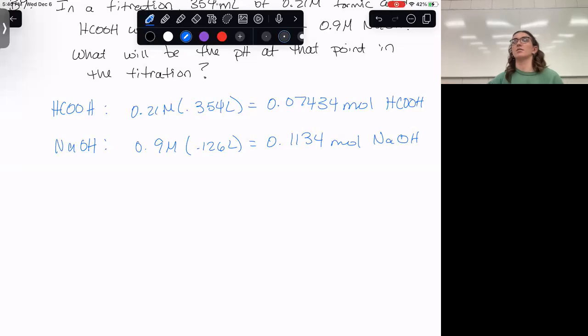What do we have in excess here? Or I guess, are they equal? So are we at the equivalence point? No. Which one's in excess? Our base is. So does that mean that we're before or after the equivalence point? We are after the equivalence point.